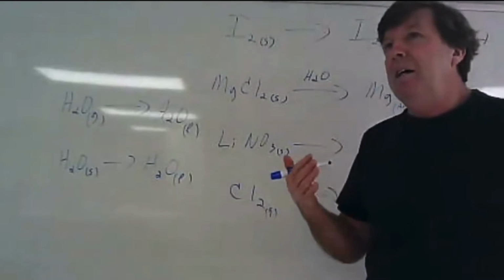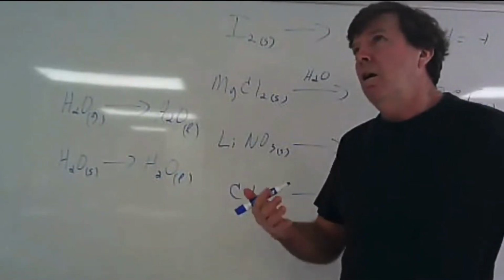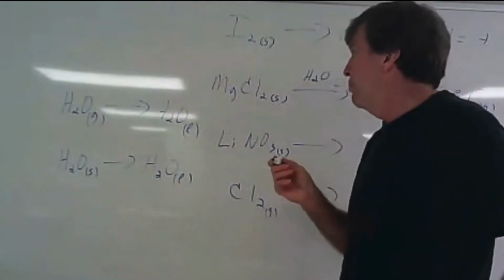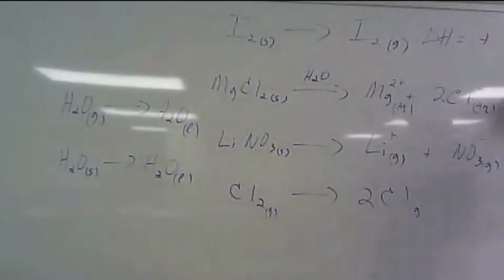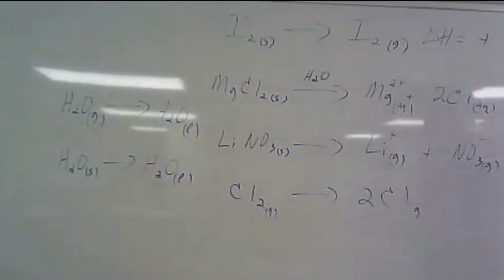What is the delta H of hydration for all hydration processes? Somebody at home. Negative. Delta H negative.